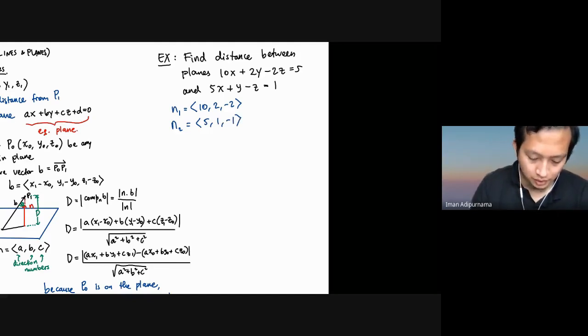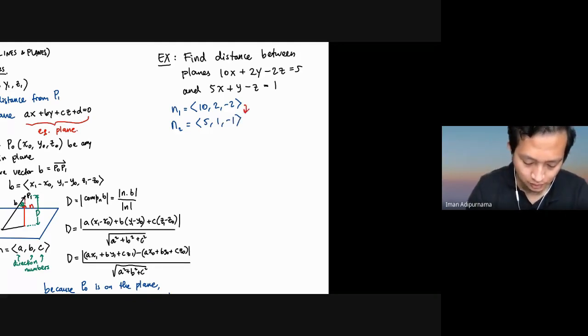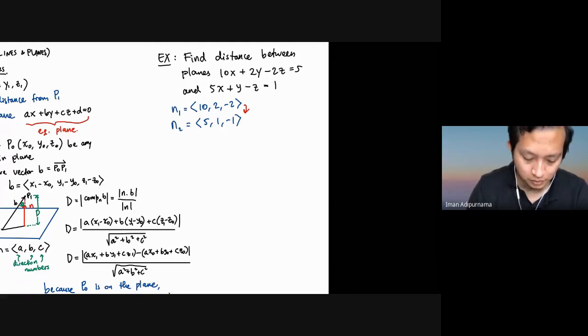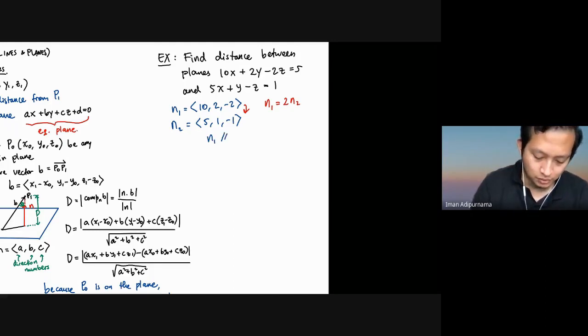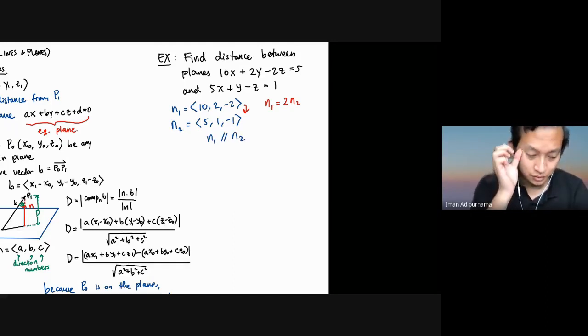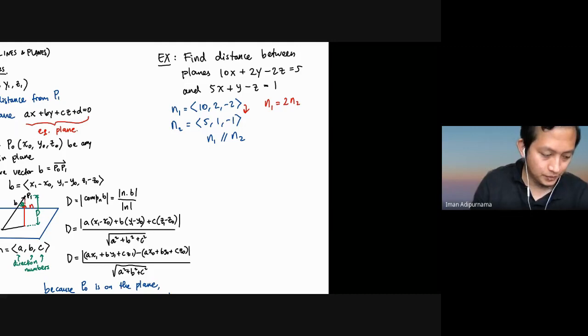Both have a similar ratio, so n1 is 2 times n2. So we can say that n1 is parallel with n2. The normal vectors are similar, so the planes are parallel.